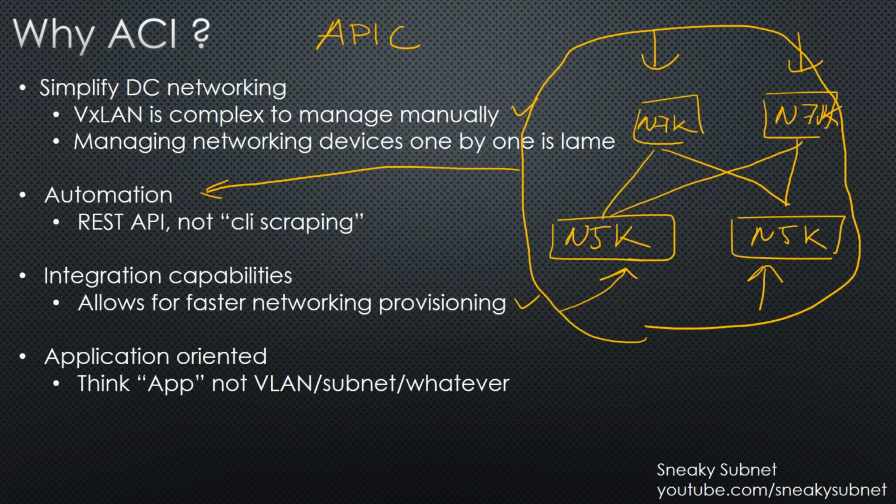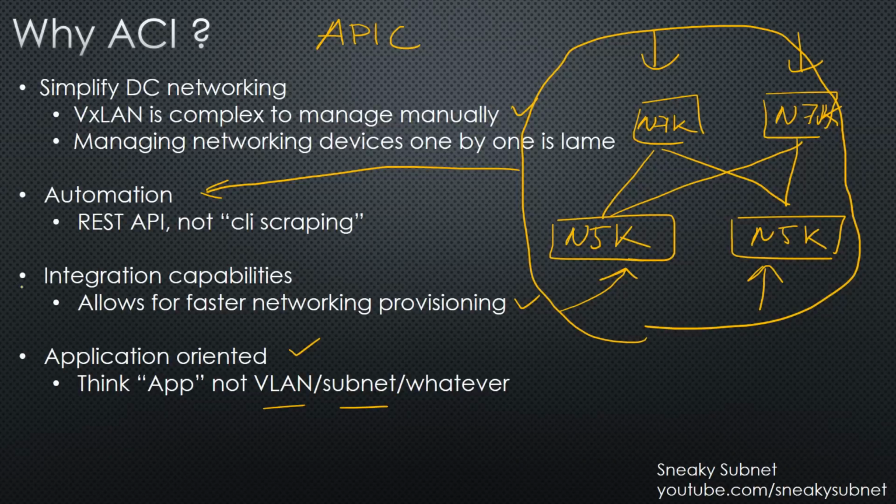And here we come to the application-oriented nature of ACI. When you use ACI, you begin to think more about applications and much less about classical networking elements such as VLANs, subnets, trunks, routing, whatever. And it definitely has logic, since at the very end we use all our fancy networking stuff for just one reason: to provide applications to the customer.